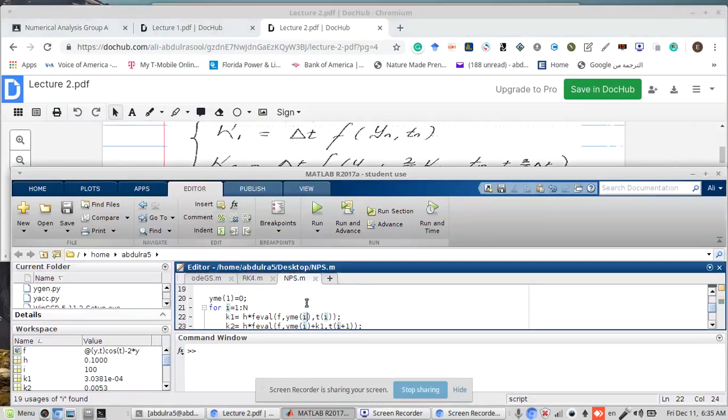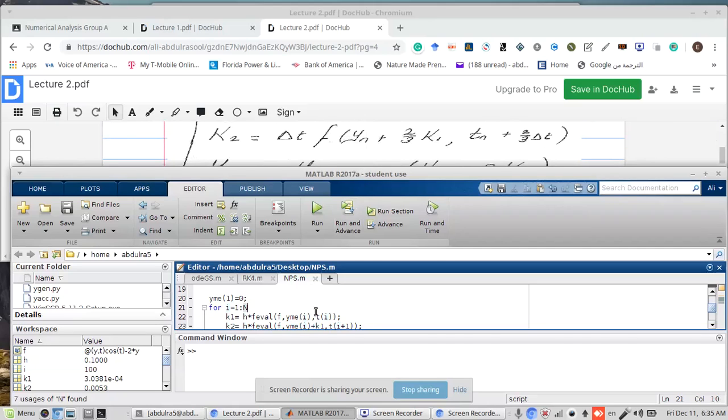The first one, K1, is correct. It's similar. K2, however, has some factors: 2/3 times K1, and here minus or plus 2/3 times H.